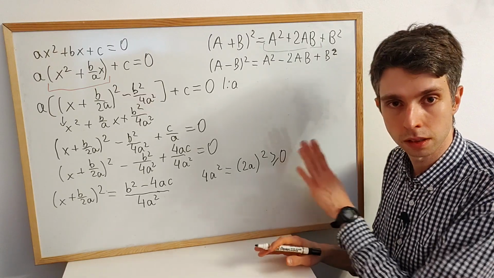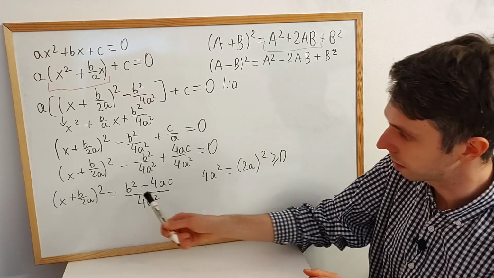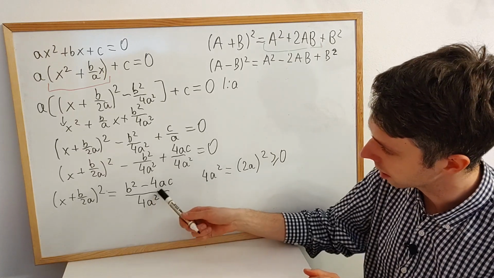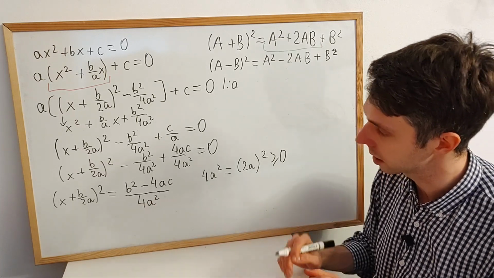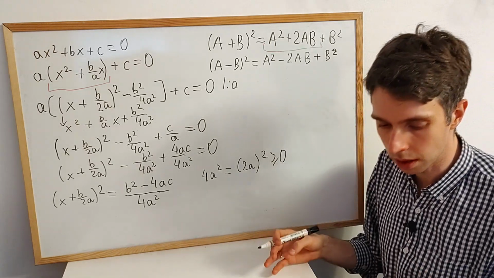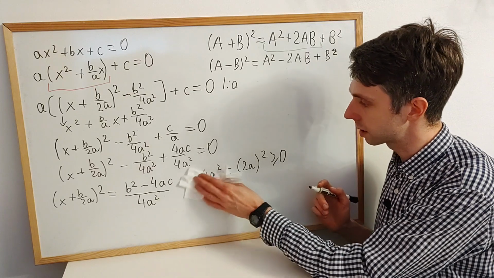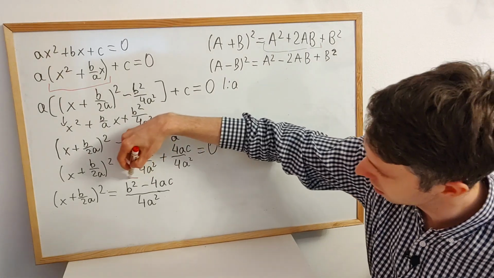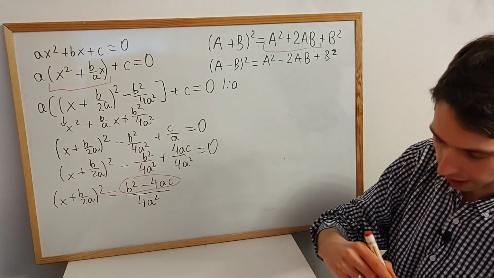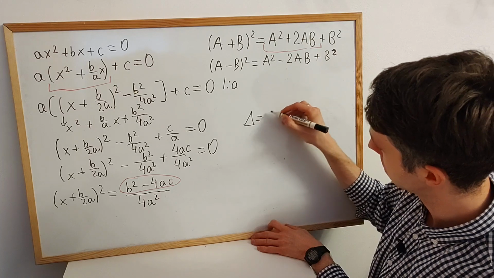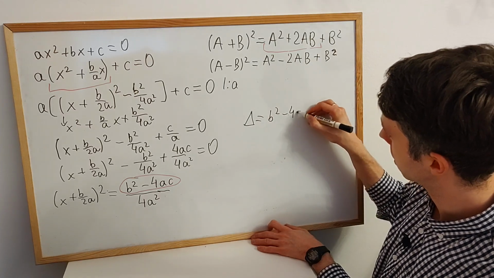This is of course greater or equal 0. But on the numerator, the top of this fraction is b squared minus 4ac. So I don't know if it's positive or negative. But do you recognize this is actually delta, right? This is delta, as we defined it before.